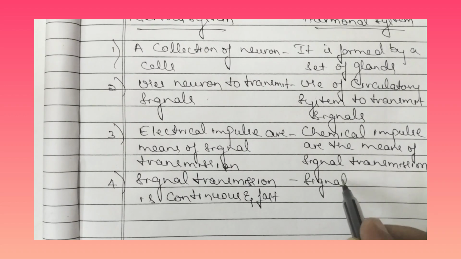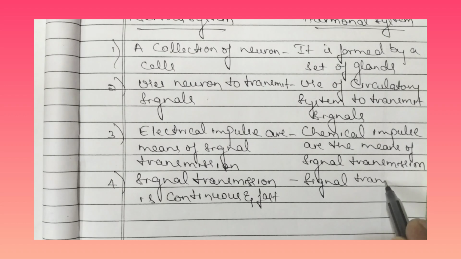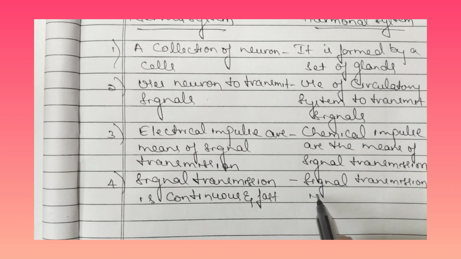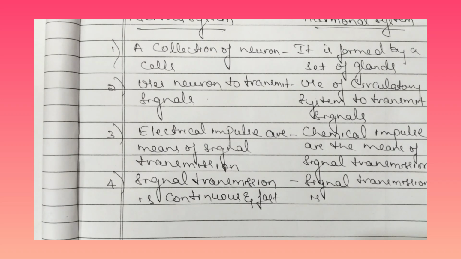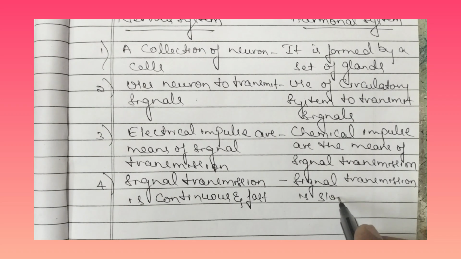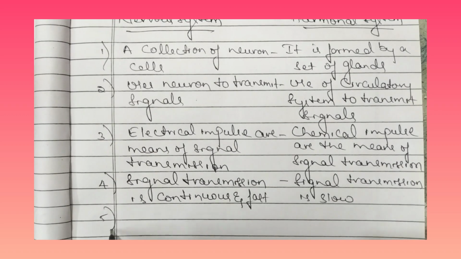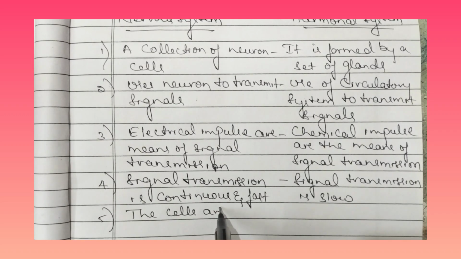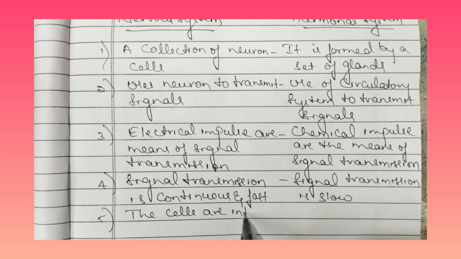Signal transmission is slow in the hormonal system. Then the cells are interconnected.